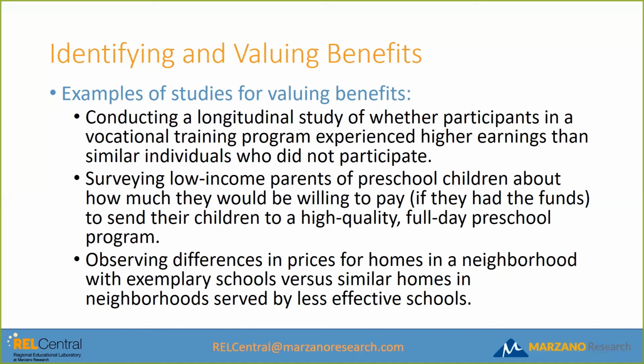We have a certain number of participants that were randomly assigned to the vocational program, and then we're going to track a number of participants who did not participate in the vocational training program. And we're going to look at what happens to them over a long period of time. We may want to check in every so many years to see what's happening. So you may want to look at what happened to the two groups after 5 years, after 10 years, after 15 years. We could go all the way through retirement.